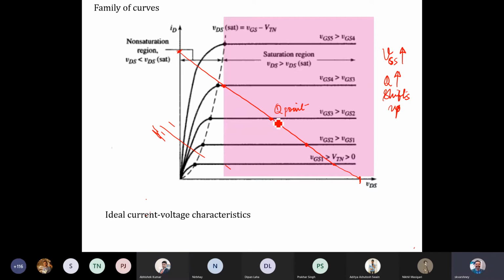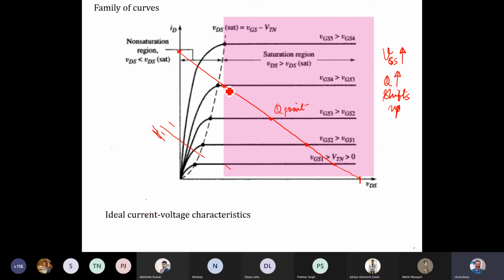So what I would like to mention from here is, let's say we make a circuit and we write down a load line for a given circuit. So the Q point can move from here to here.